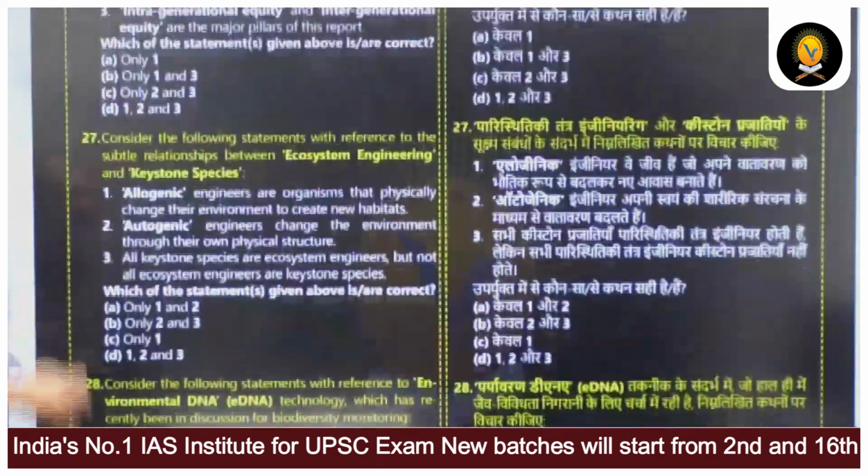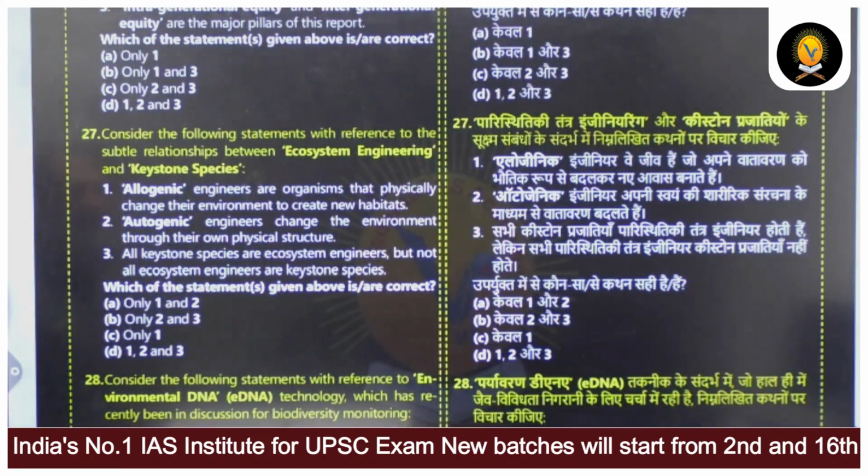Consider the following statements with reference to the subtle relationship between ecosystem engineering and keystone species. Allogenic engineers are organisms that physically change the environment to create new habitat.